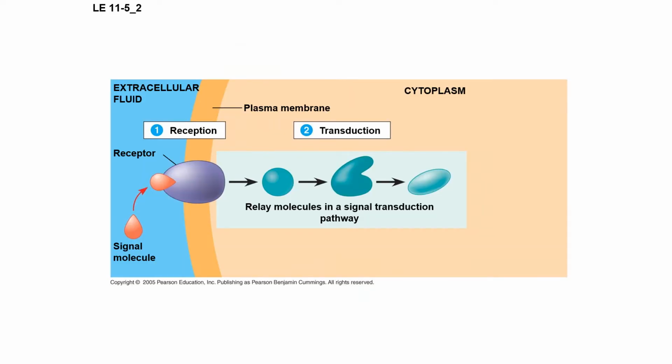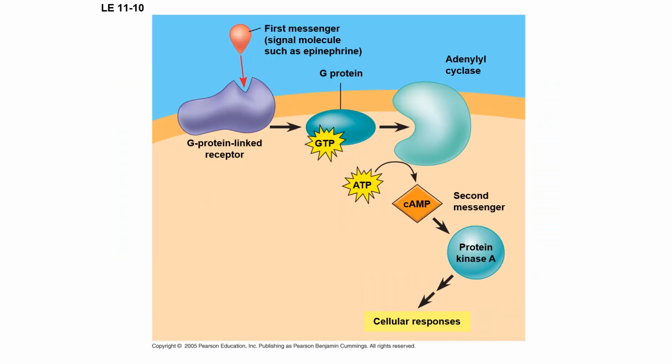The transduction part is influenced by the environment. It responds to changes, and you have this cascade effect. And so this cascade effect is very important, and one of the molecules is called cyclic AMP. So in this picture you see the ligand binding to something called a G protein.